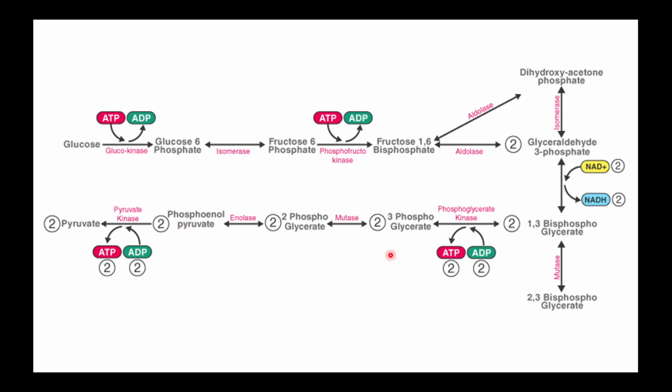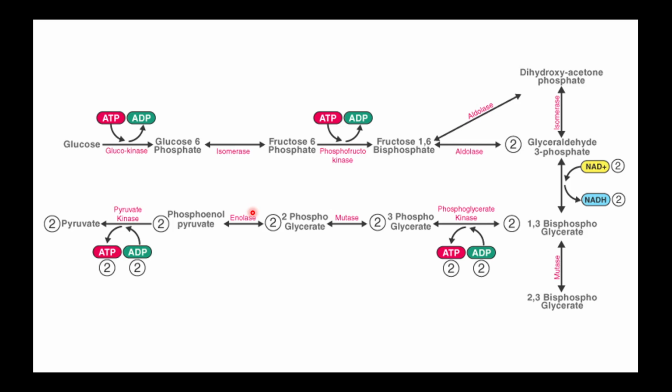Now if you see here, two ATP is forming, here two ATP is forming. So in total how many ATPs are forming? 4 ATPs are forming. But here one ATP is getting consumed, and in this step also one ATP is getting consumed. That means 4 ATPs are forming, 2 ATPs are getting consumed. So the net number of ATP that we are getting finally is 2. 4 ATPs have formed, 2 ATPs are used out of it, so what is remaining is 2 ATP.